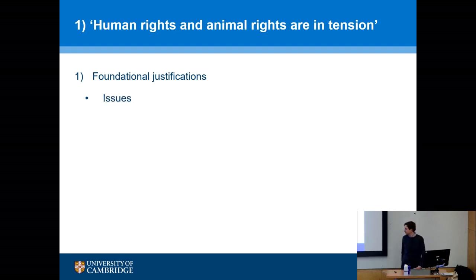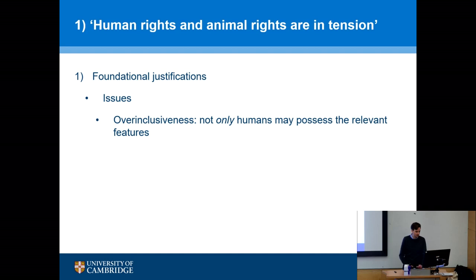Now, there are some issues with that foundational approach. One issue is the speciesist issue, which we've seen with the idea that membership in the human species should be a ground. But the attributes-based approach also faces some issues. The first one is what we might call the problem of over-inclusiveness.